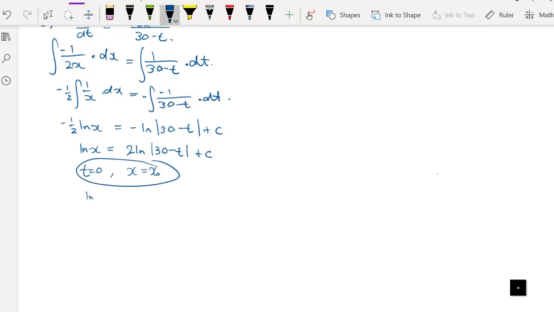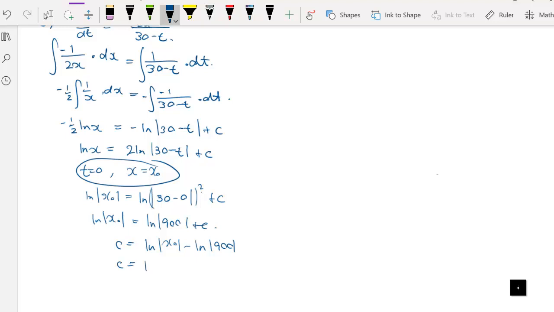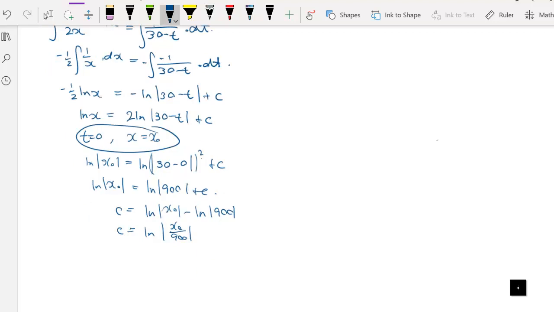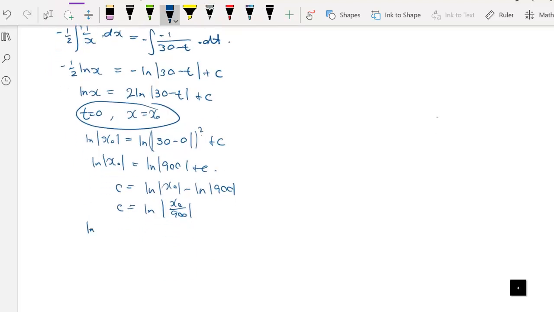So we have ln x0 equal to ln((30 - 0)^2) plus C. So ln x0 is equal to ln 30 squared, which is 900, plus C. So C is equal to ln x0 - ln 900, and C will therefore be ln(x0/900).